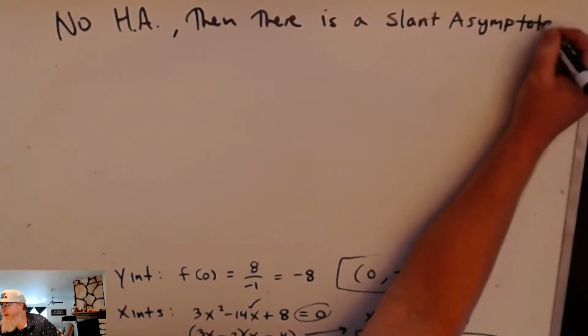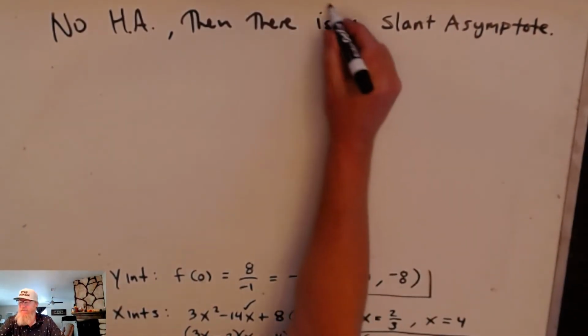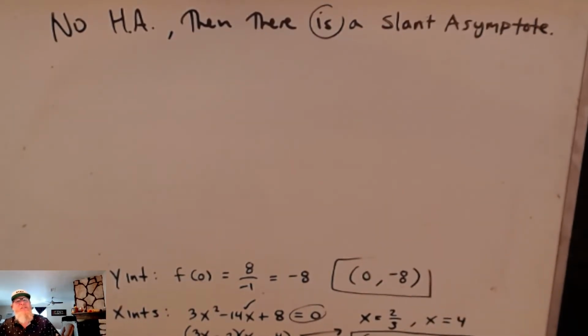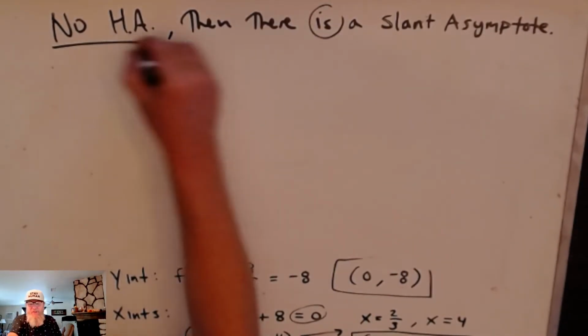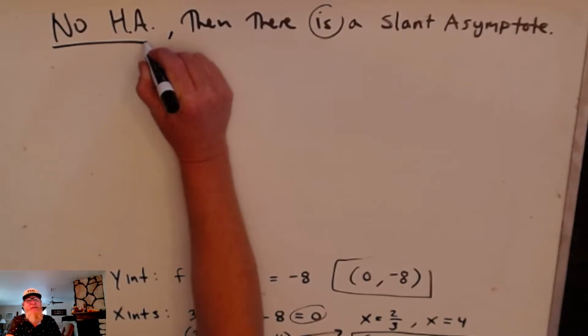I mean, I could make up some examples where there is no slant asymptote. I could do that, but I'm not going to. At this point, we're almost done with this lesson. I just want to make sure that you understand that there is going to be a slant asymptote whenever there's no horizontal asymptote. All right.